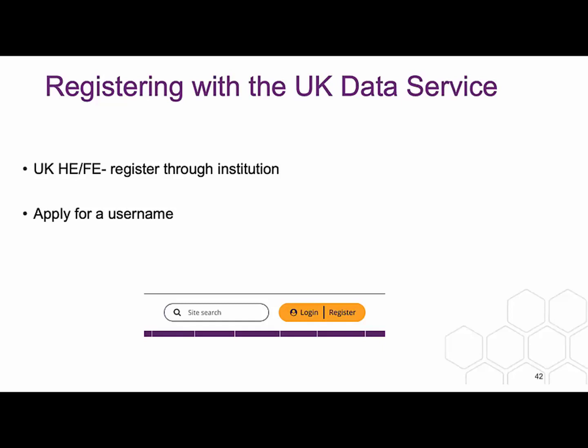That just asks you for your personal details, name, address, organisation, and you also get to choose a password. Whatever password you put into that form, please remember it, because we can't reset your password until you've logged in for the first time.